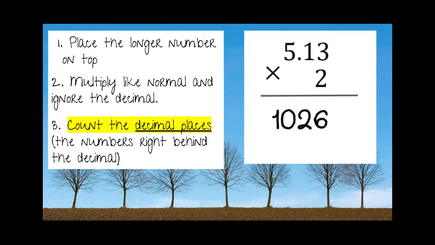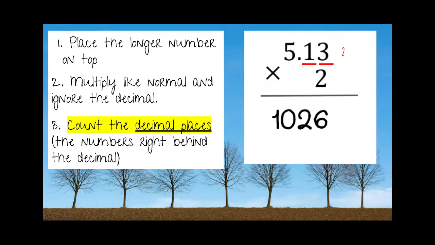So the 5 has a decimal right behind it, and it has 2 decimal places behind it. 1, 2. So I'm going to write a little baby 2 next to it so that I can see my 2 decimal places.